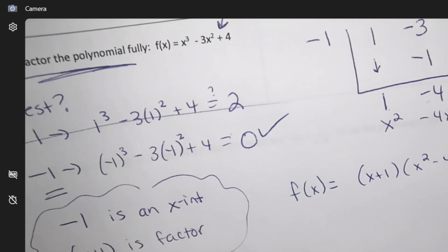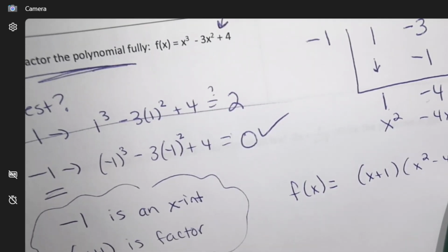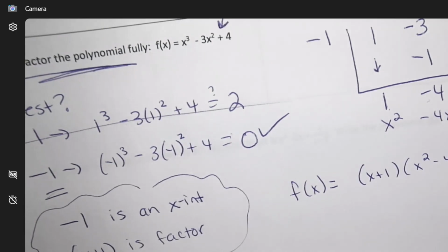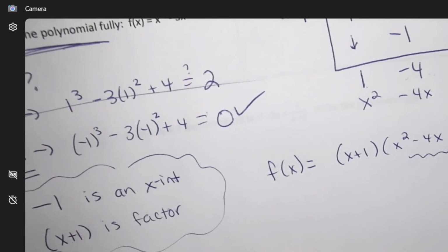If you do something like 24 divided by 3 equals 8, you can also go back and say 8 times 3 equals 24, right? So this divided by that is that, therefore this times that is that. Okay, factor fully. Is there some more we can do with that?